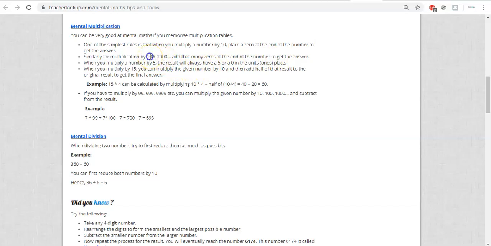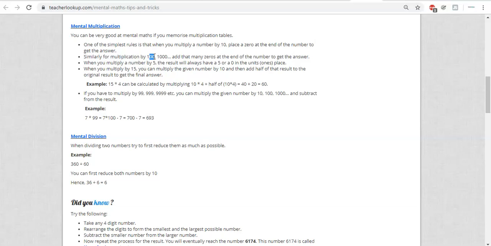So, for example, 4 times 100 will be 400 because we put two zeros after the 4, giving us the answer. When multiplying a number by 5, the result will always end in 5 or 0, guys.